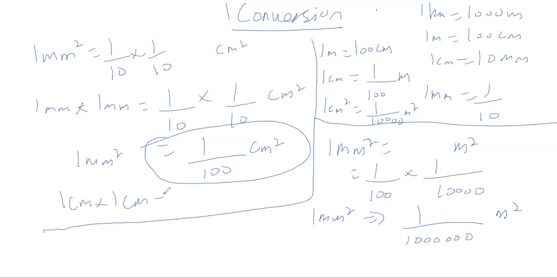For this 1 centimeter, how many meters are there? From this relationship, we know it's 1 over 100. Multiply by 1 over 100 for the other centimeter. So when you solve it, 1 centimeter square is equal to 1 over 10,000 meters square. 4 zeros. Falia, you got it? Nabiya and Sumail.